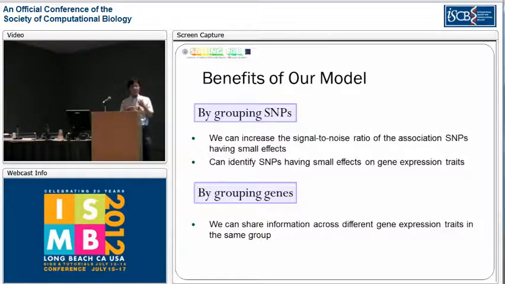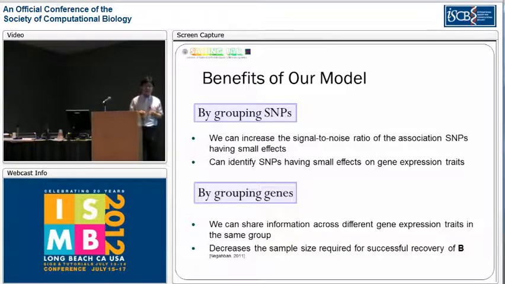But if we observe association between a SNP and multiple genes in the same group simultaneously, probably we can say that this is a true association with higher confidence. So this is the intuition, and in theory, it has been proven that by using this idea, we can decrease the sample size required for successful recovery of the matrix B.